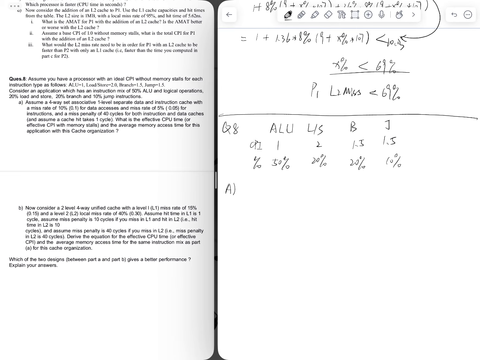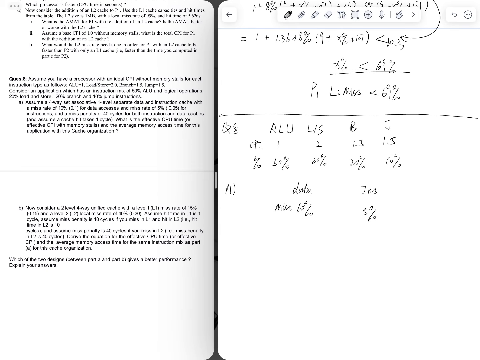Four-way set associative, one level, separate data and instruction cache. With a data miss rate of 10%, and for instructions the miss rate will be 5%.